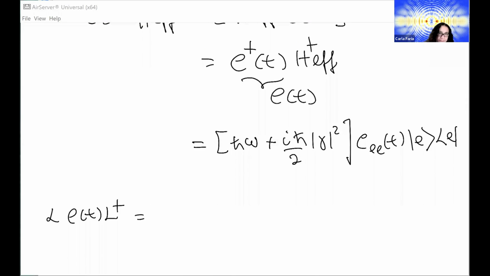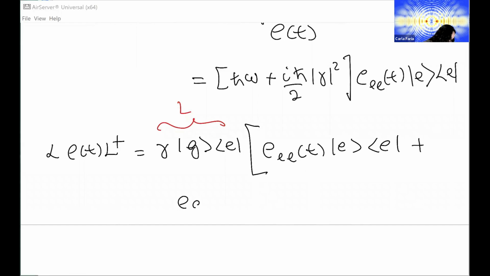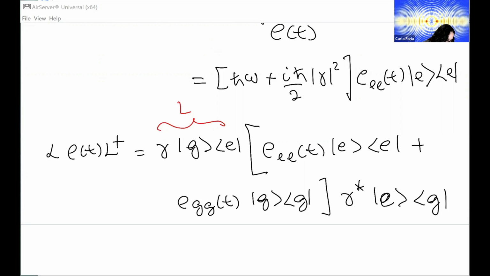So we need to calculate γ|G⟩⟨E|, which is L. Just to remind you, this is L. And we plug in ρ, which is ρ_EE(t)|E⟩⟨E| plus ρ_GG(t)|G⟩⟨G|. Then we have here γ*|E⟩⟨G|, which is L dagger.